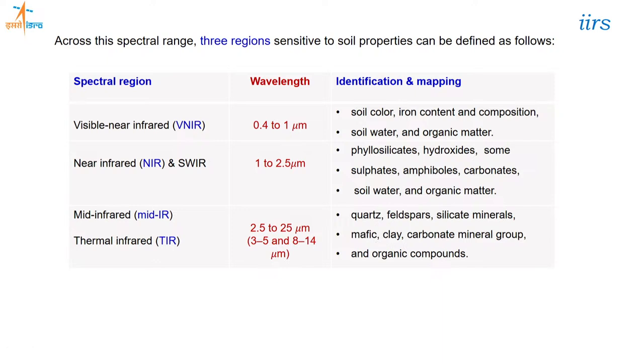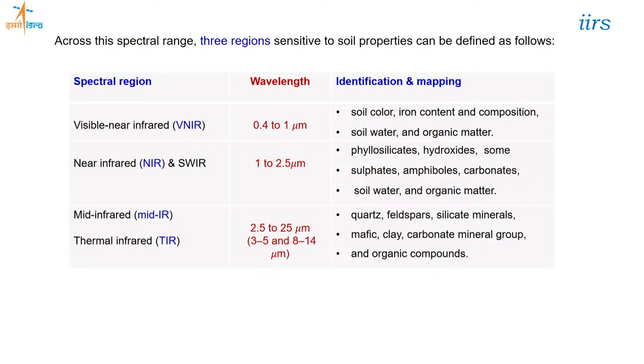At present, in hyperspectral remote sensing, we are using up to the 2.5 micrometer wavelength region, because up to that range remote sensing data provide high spatial resolution, whereas in the thermal infrared band the spatial resolution of satellite data is coarse, and we are not getting a very significant spectral signature.